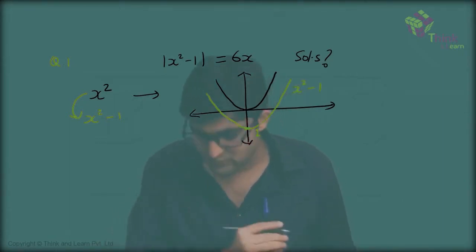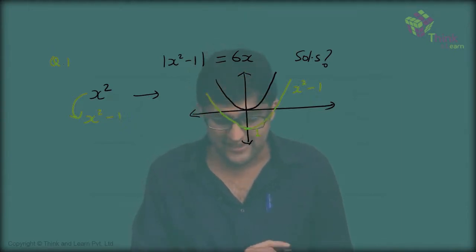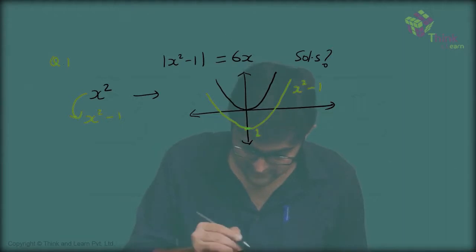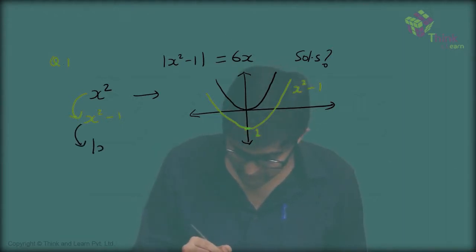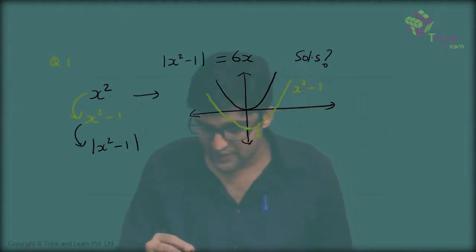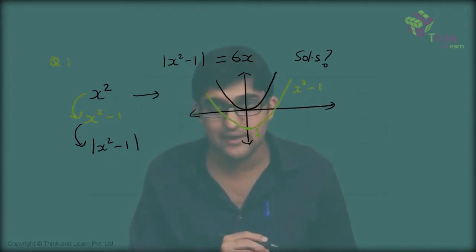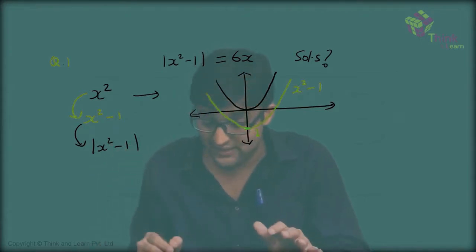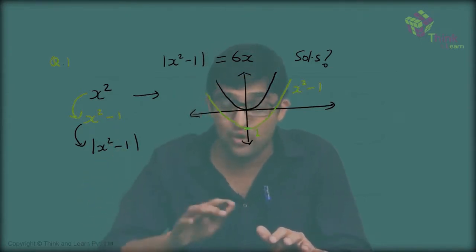The point here will be 1. But that's not it, right? You're not really talking about that. What you're talking about is actually another function wherein you're putting a modulus around it. What will happen if I put a modulus around this function, x square minus 1? It is nothing but folding the graph. The negative side of the graph will get folded and will go up.